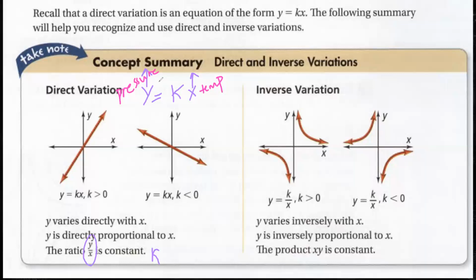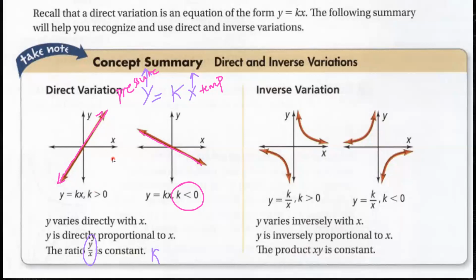Now, how will the graph be? As I told you, the graph here is a line, and it must intercept the axis. If k is greater than 0, the graph will be in the first and third quadrant, as we said in the inverse.